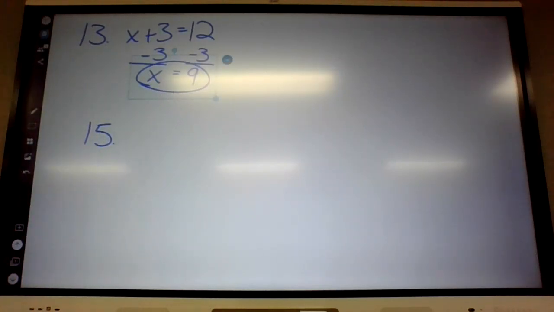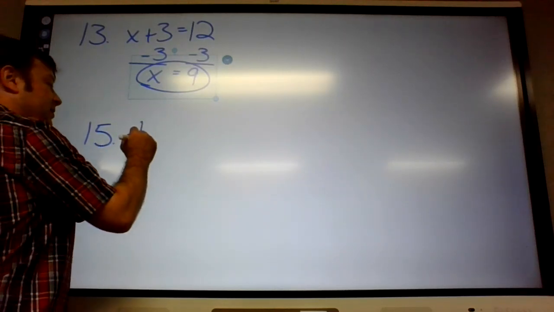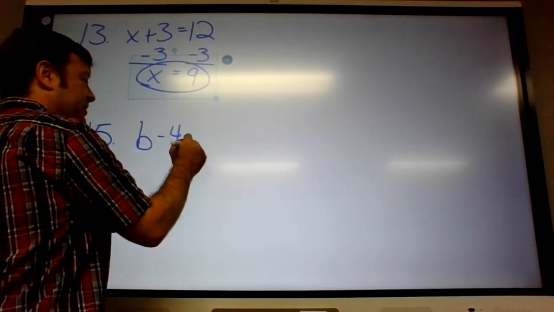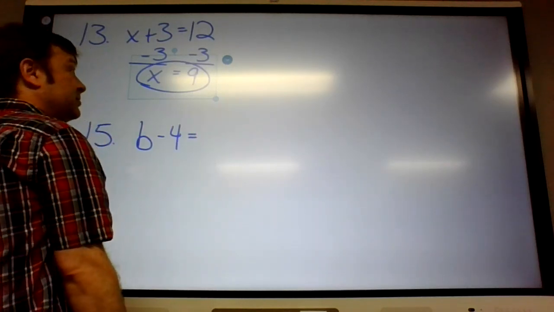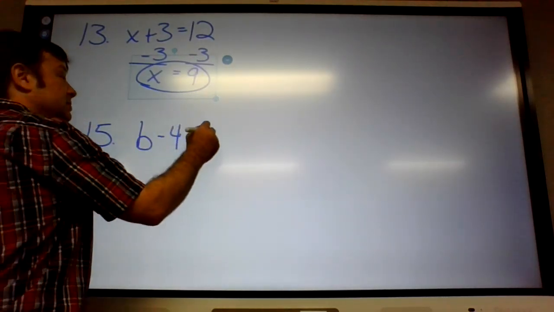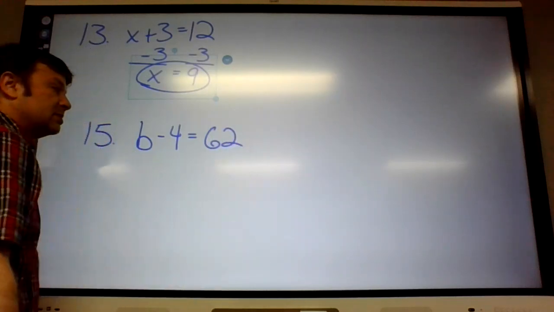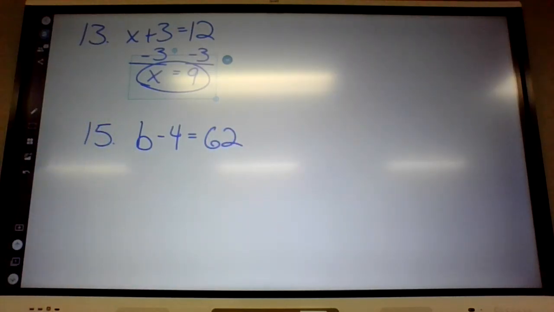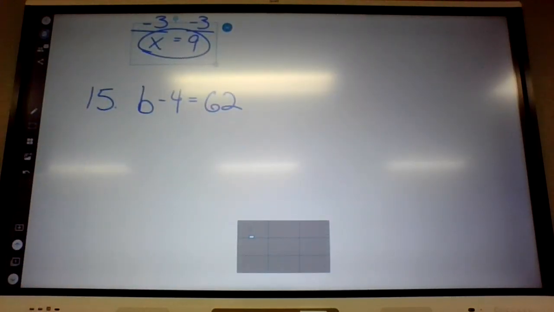All right, 15, b minus 14 equals 62. If you like a super neat answer sheet, that's fine, but you still have to have a sheet where this stuff is written. All right, Austin, what would we do on this one?